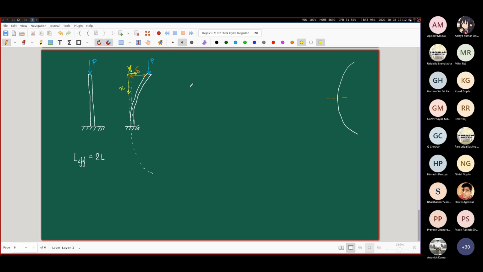Earlier I had considered the expression for the moment at any generic cut section. So I will take a generic cut section here and I will consider the free body diagram of that part.